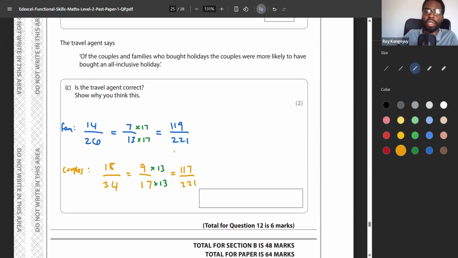So actually, he's incorrect, because if you're a family, you're actually more likely to have chosen an all-inclusive than if you're a couple. Because 119 out of 221 is more than 117 out of 221. So he is incorrect.